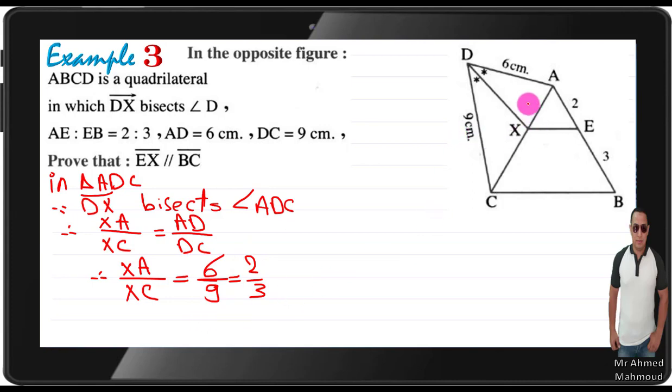So this is 2 and this is 3. It's very clear that AX over XC equals 2 over 3 and AE over EB equals 2 over 3. So XE is parallel to BC.